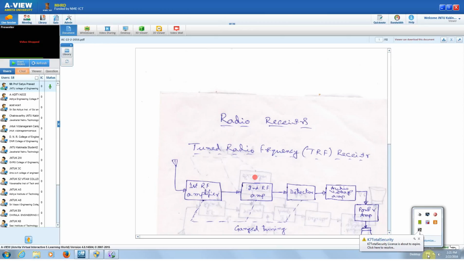The first amplifier, second amplifier, and the detector are what you call gang tuning. All the capacitors are combined and a single tuner is provided, so that all these circuits are tuned to the required frequency of operation. These amplifiers may have a single tuned circuit or a double tuned circuit so that we get the required elimination of the adjacent channel signals.